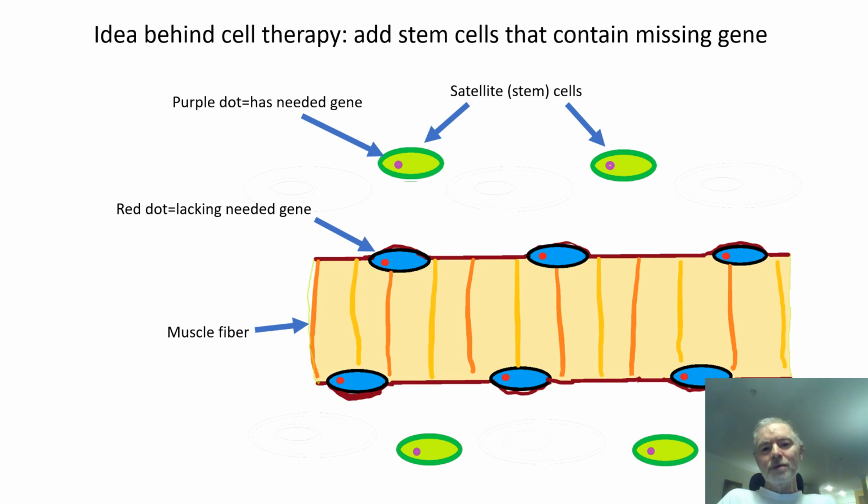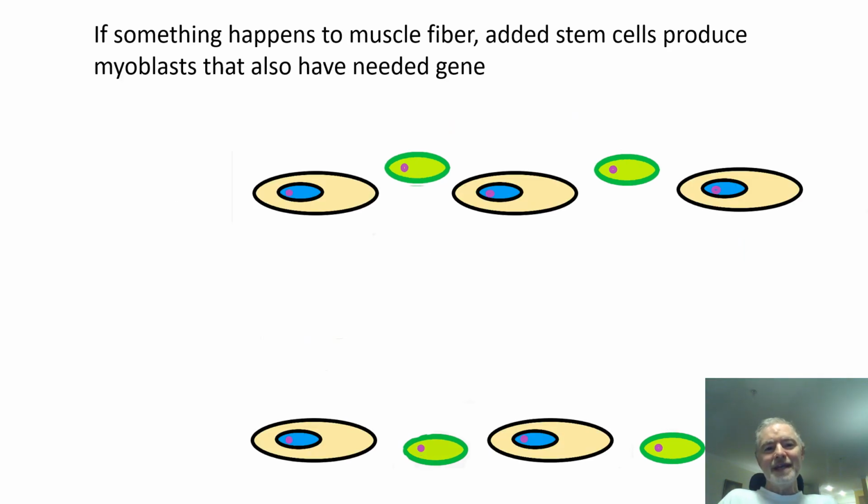Okay, so what happens is now if the muscle fiber dies, say because it doesn't have a needed gene to keep it healthy, then these satellite cells can divide, and we went over that in the last video, and they will produce cells called myoblasts, which are sort of immature muscle cells.